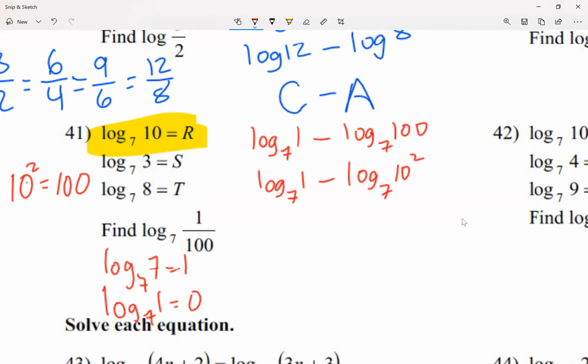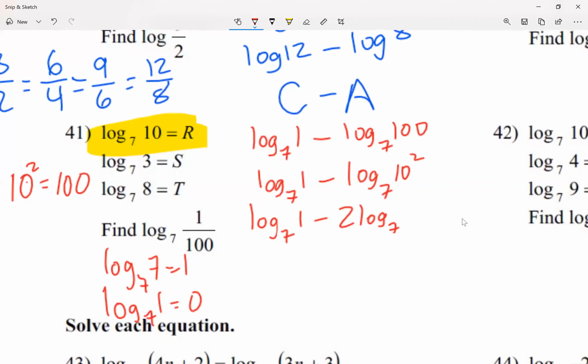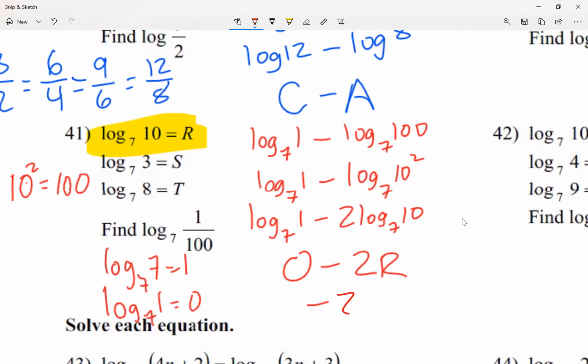I see exponents, right? 10 squared. So let me rewrite this as log base 7 of 1 minus 2 log base 7 of 10. Remember the exponents, we just bring it to the front. Now let me rewrite this as log base 7 of 1 is 0 minus 2r. Right, log base 7 of 10, it says r. 0 minus 2r is just going to be known as negative 2r.